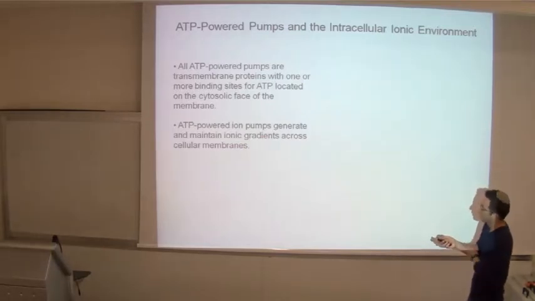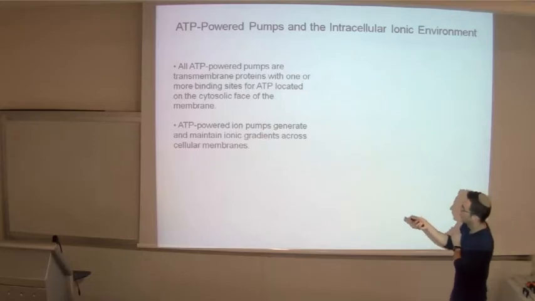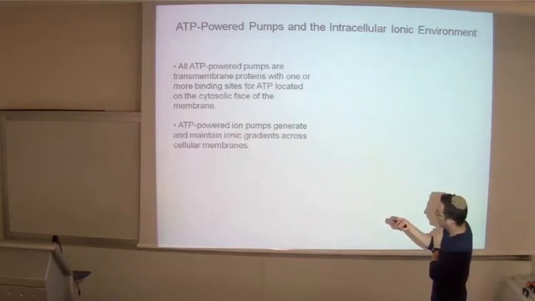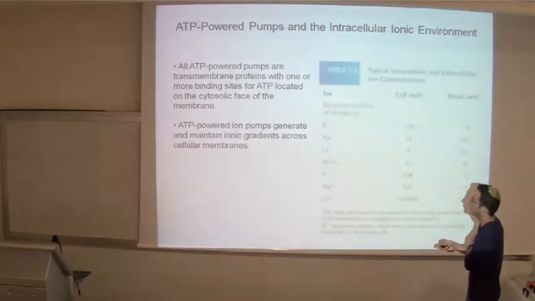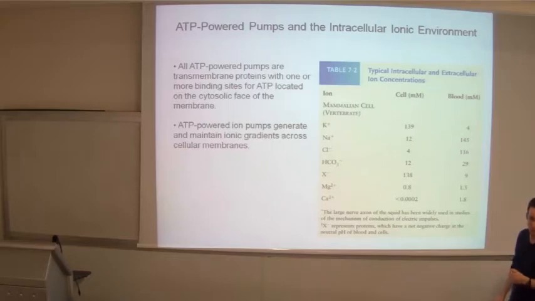And they are the components in the cell that generate and continuously maintain, throughout the cell's life, the ion gradients across the cellular membrane. So ions do not have an equal concentration on both sides of the plasma membrane for any kind of cell, not only neurons.